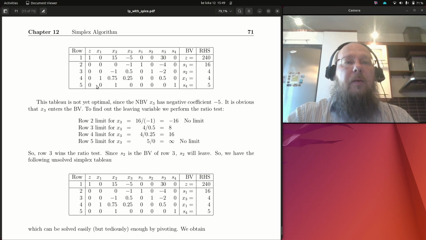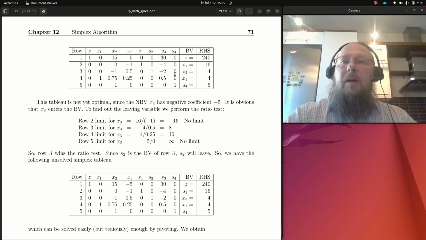And finally row 5, it has 5 here, but the x3 that was entering doesn't appear, it has coefficient 0, that's plus infinity, no limit. So is it row number 3, this row, that wins the ratio test? So S1 will leave.